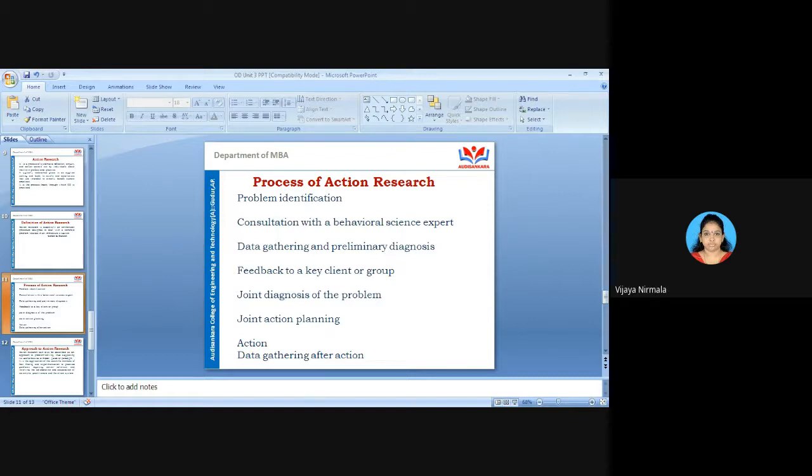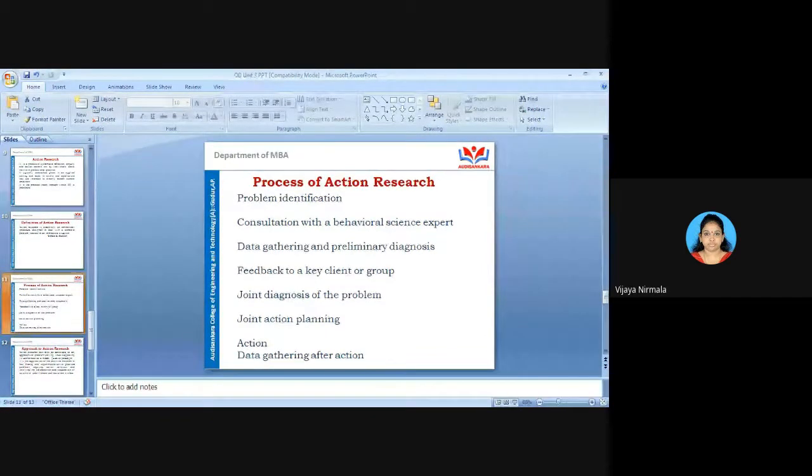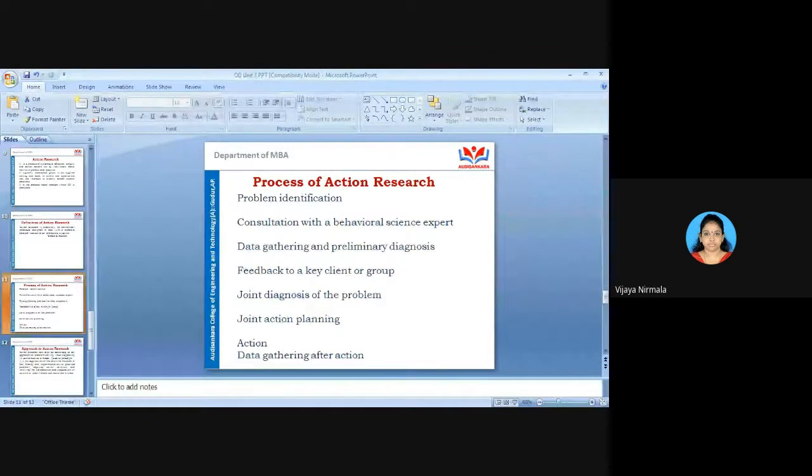So these actions cannot be implemented immediately, but require a transition period, as the organization moves from the present to the desired future state.